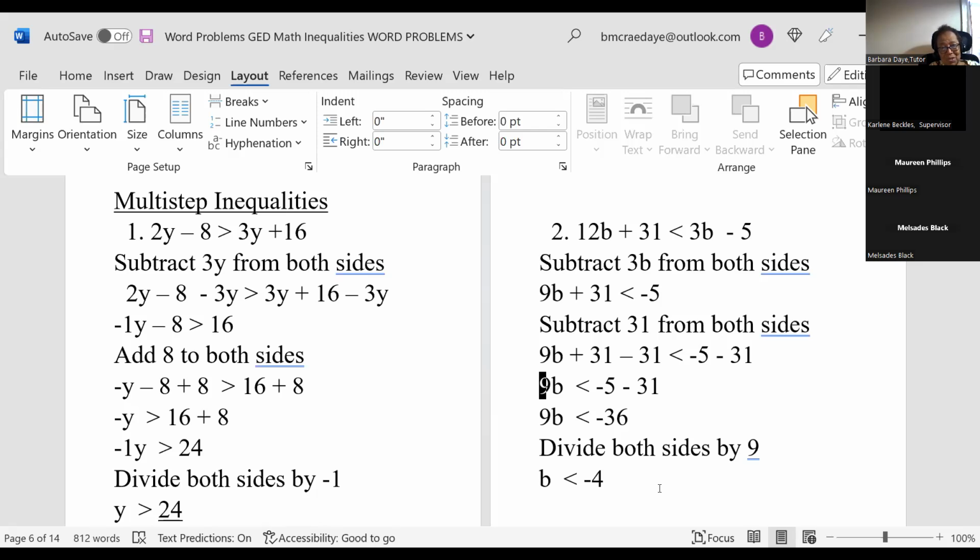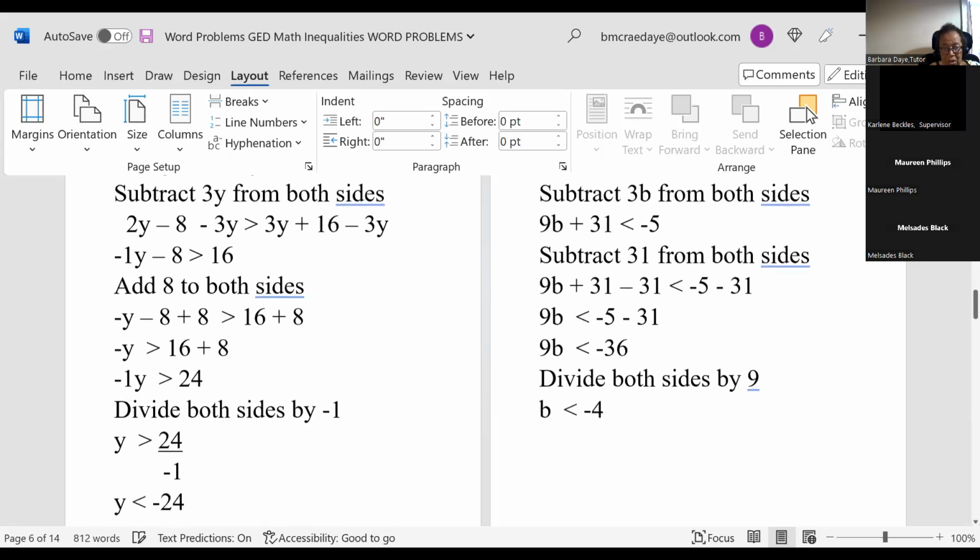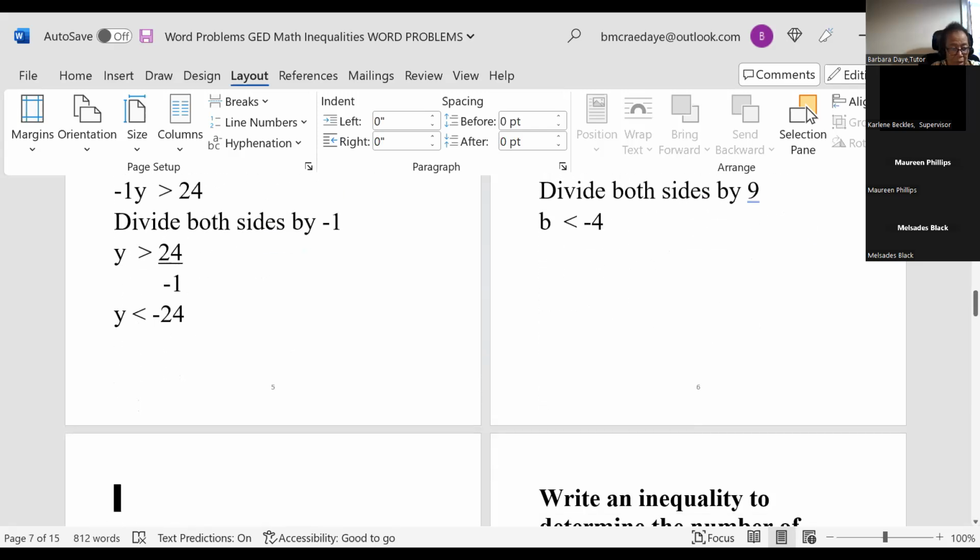No, Miss. All right, let's go to a third multi-step. Let me give you another one. I'll go to another screen, number 3.